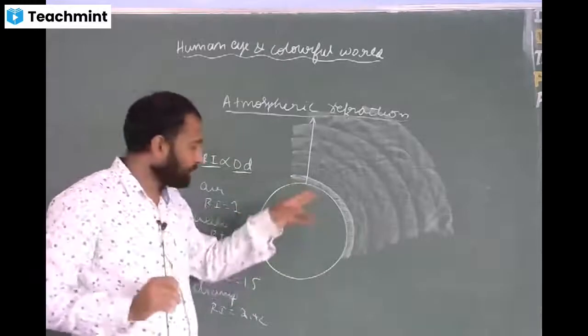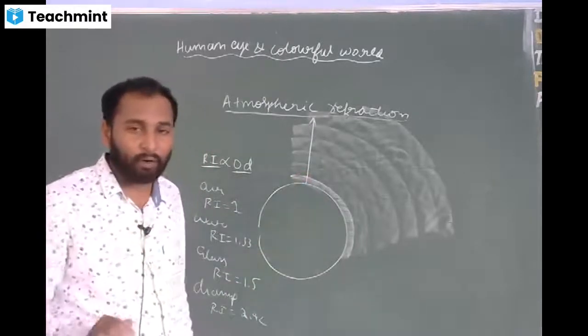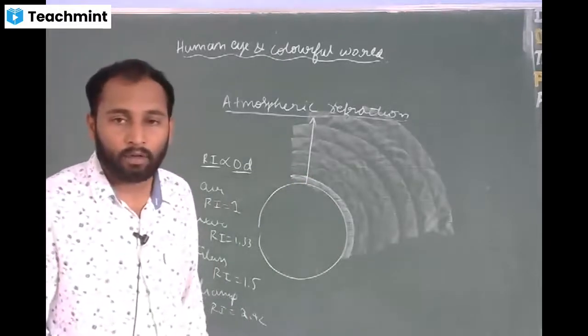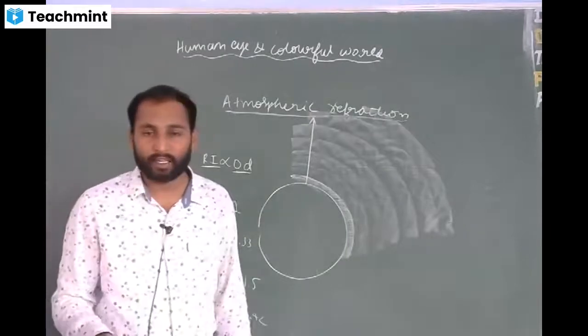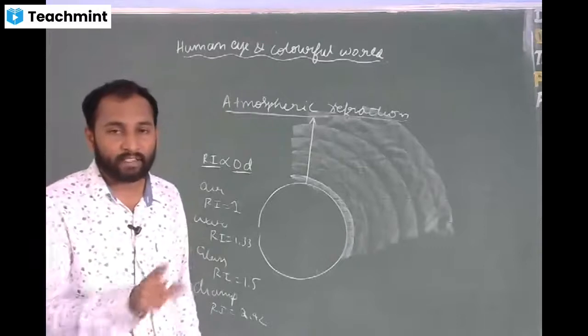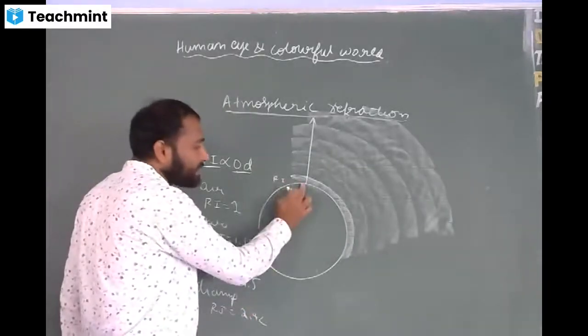If you consider cold air and hot air, which one will have more optical density? Cold air. The density of cold air is more, the density of hot air is less. As density is directly proportional to refractive index, the refractive index here is more.